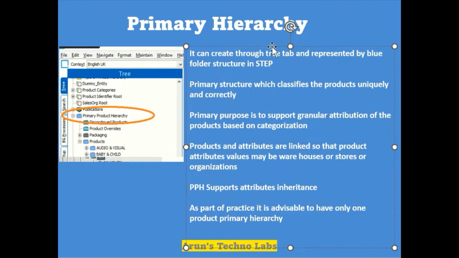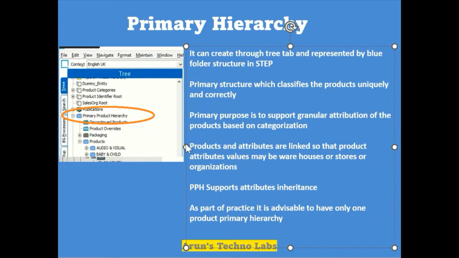Yeah, this is a primary hierarchy. It has tree structures. As soon as the system setup is created, you can see the structure in a tree tab here: the product primary hierarchy, and it has various levels, and finally you can see the products. As I said before, it is represented by a blue folder structure.